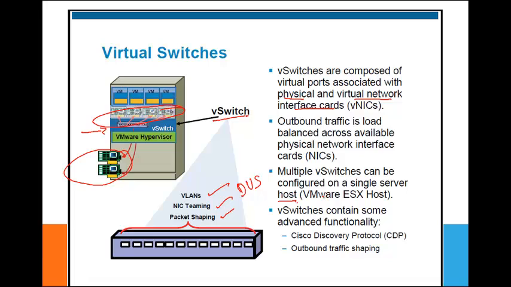This is saying we can have more vSwitches on a single physical box, on a single ESXi host. We can have many vSwitches like this. The more ESXi hosts we install, the more switches we get.